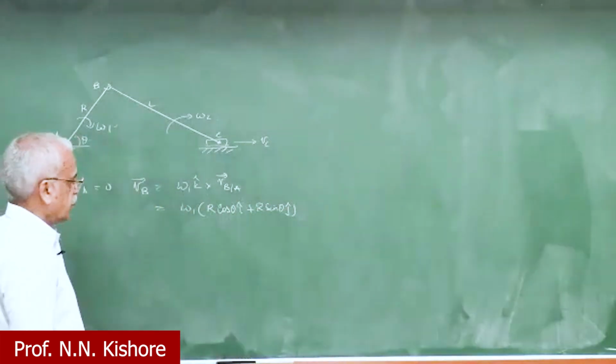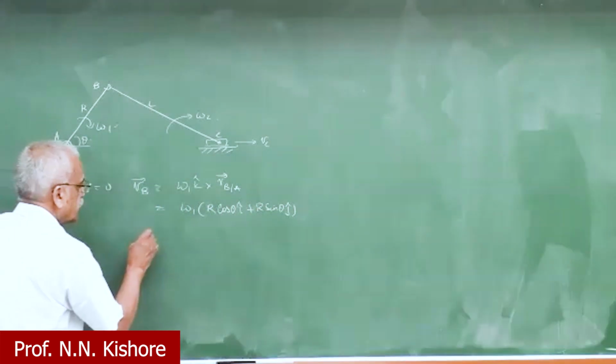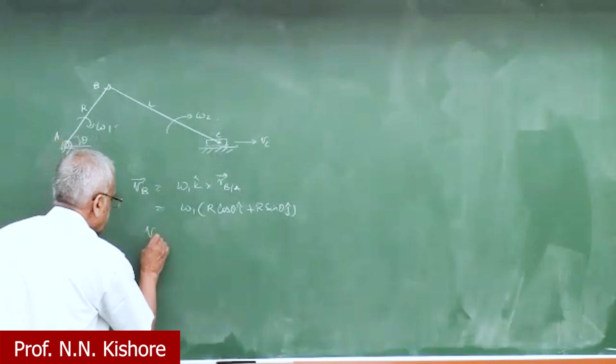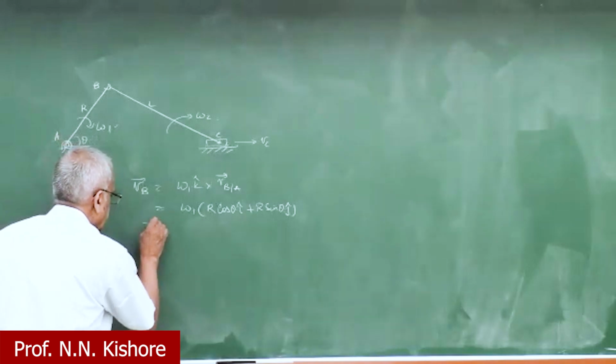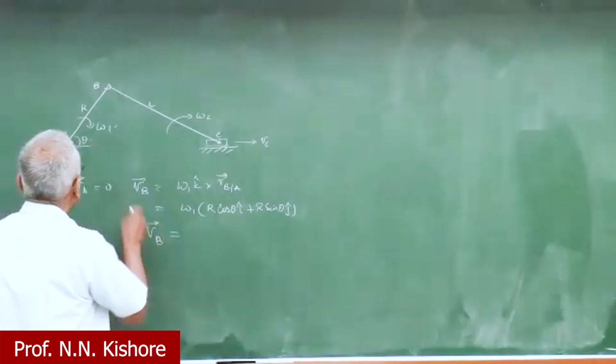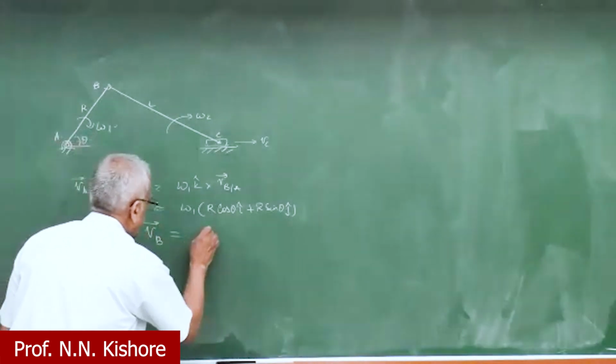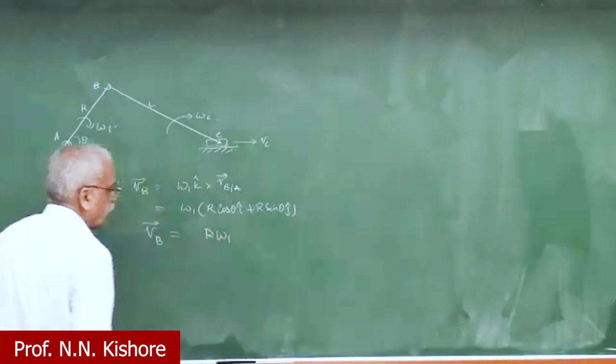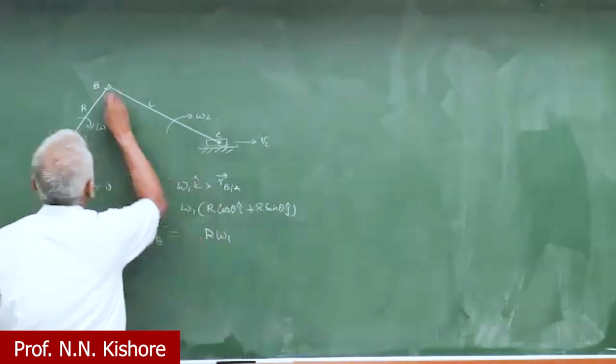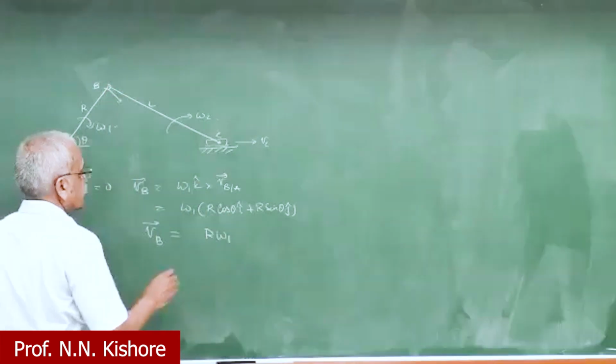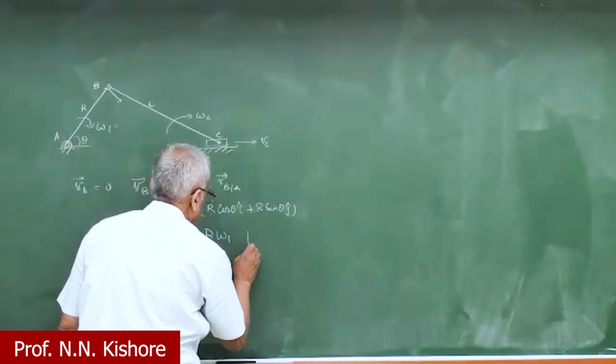This is fine. Or, on the other hand, we can also very easily say that the velocity of B is R omega 1, and it is perpendicular to this.